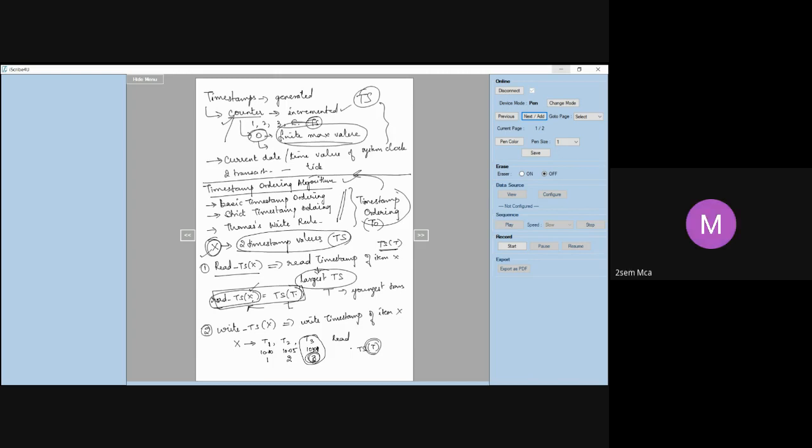Read TS of X is equal to TS of T means T is the youngest transaction that has read X successfully. Similarly, every data item will also have a write TS of X associated with it.